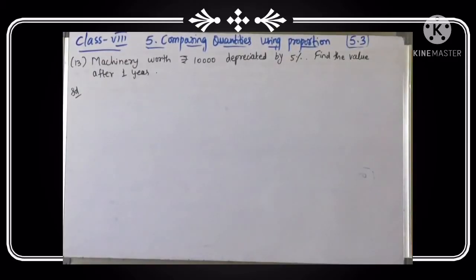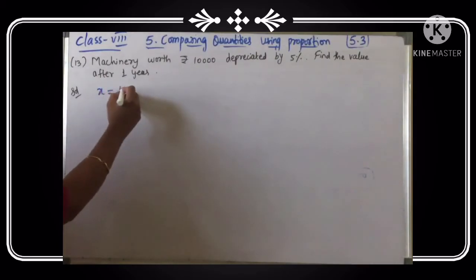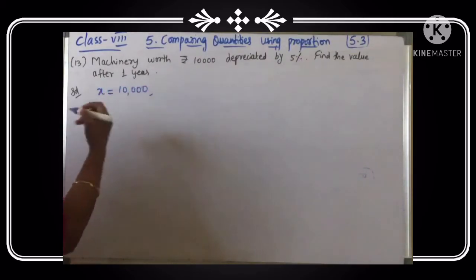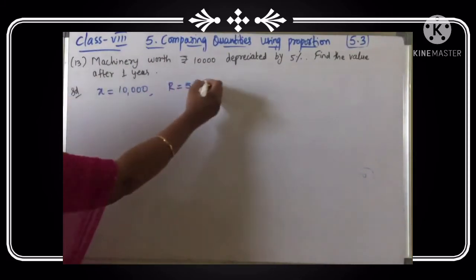Coming to the next one, machinery worth 10,000 depreciated by 5%. Find the value after 1 year. Here depreciated means the value becomes less. So we need to do minus, children, by using the formula. Here you take X as 10,000 and R as 5% and N is nothing but 1 year.